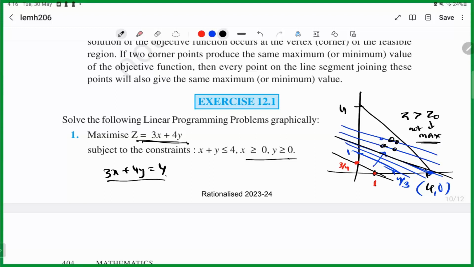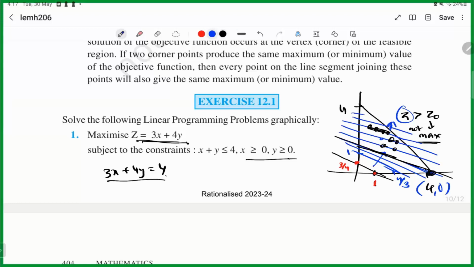You understand the logic? Basically, if you keep increasing this z value, the line shifts upwards like this, right? But for all of these lines, you know that they pass through the feasible region, which means all of these are feasible points. And since for all of these feasible points the z value is more than this z value, this clearly cannot be the point of optimality, right?